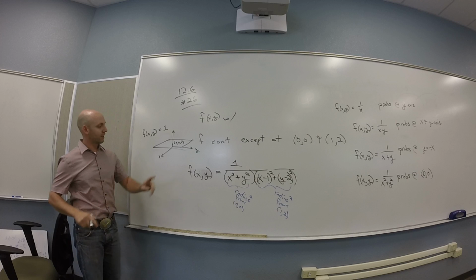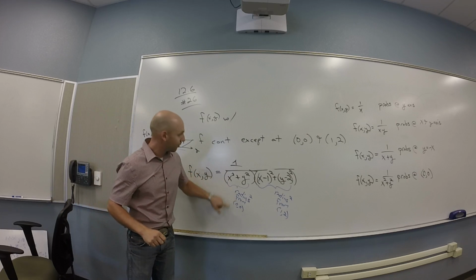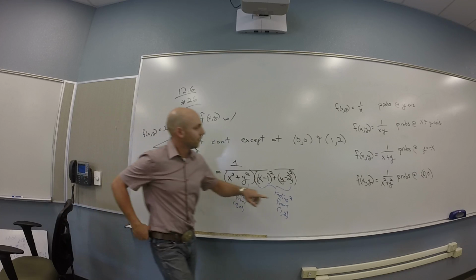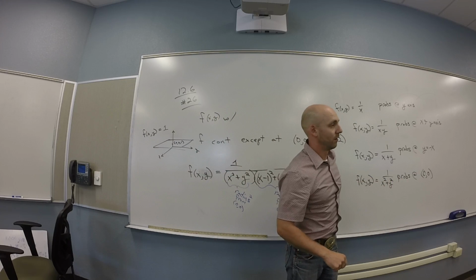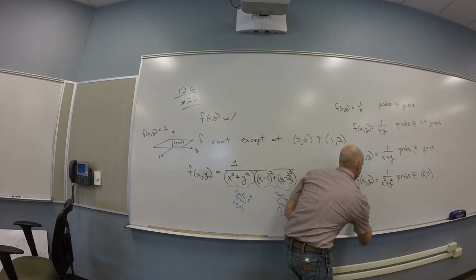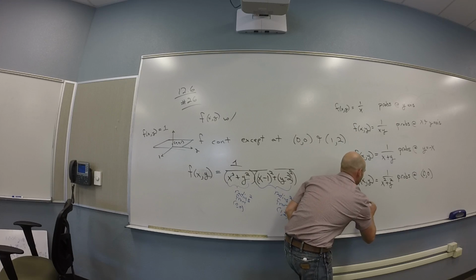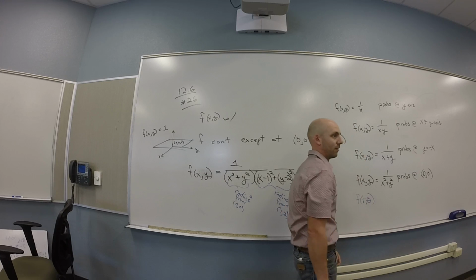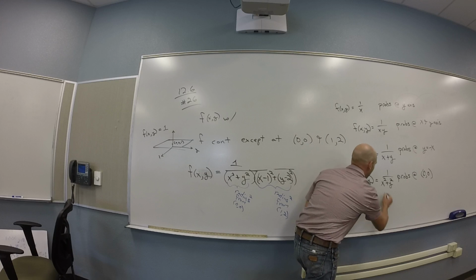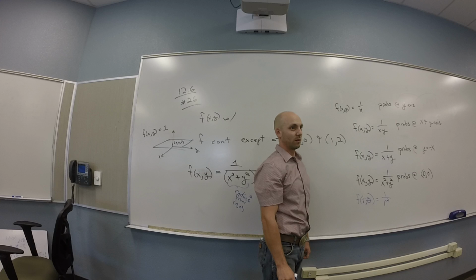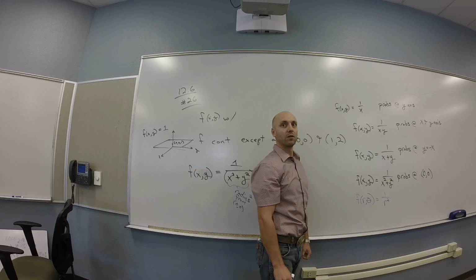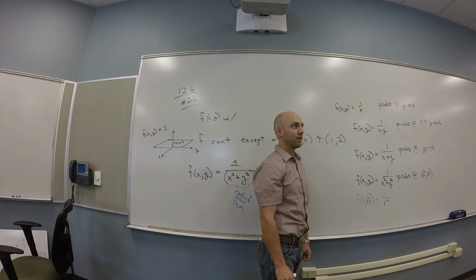Okay, then I divided by the radius from 0, 0. So let me think about that piece now. This is like f of r and theta, which is 1 over r squared. What does that look like?